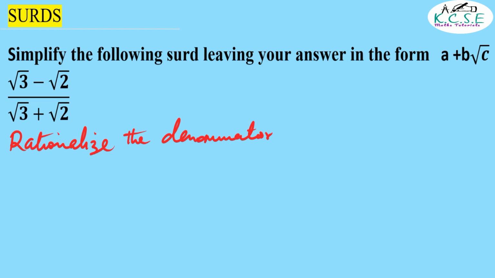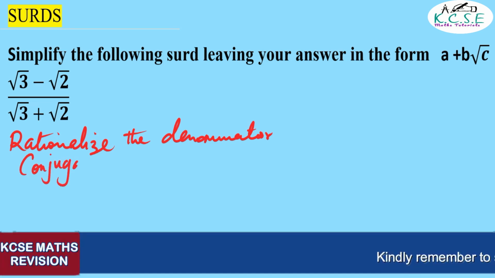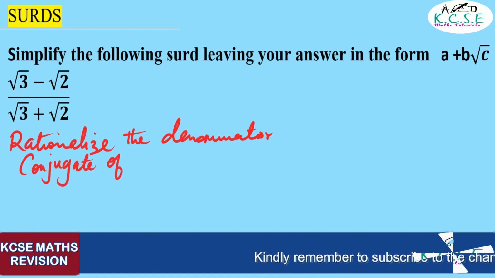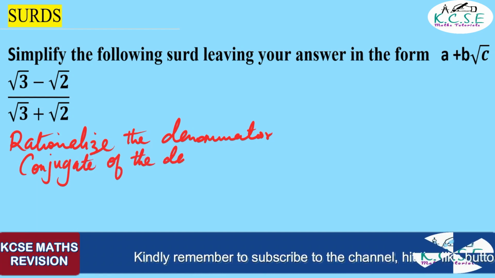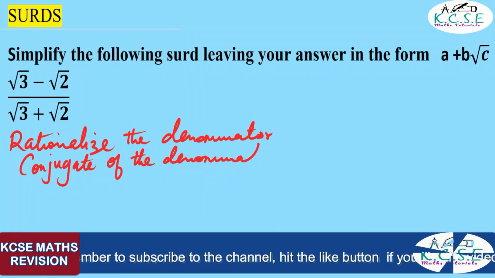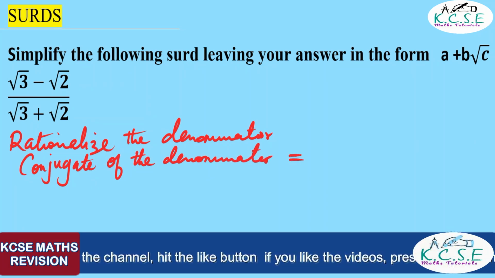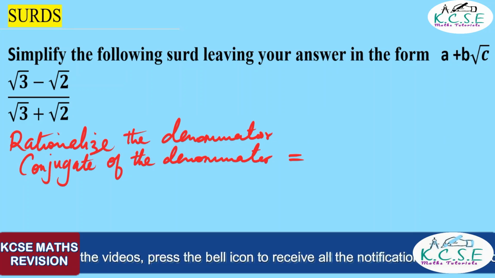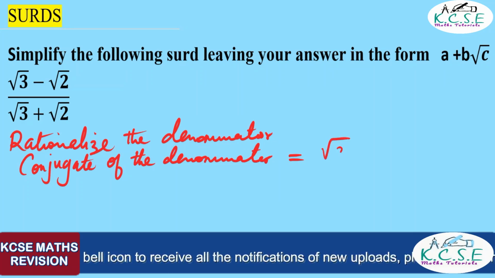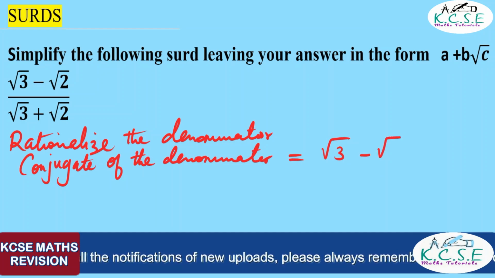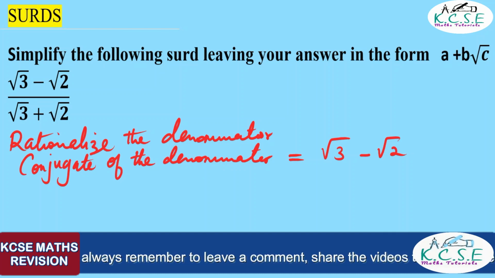So in this case, we'll need to identify the conjugate of the denominator, which is the denominator itself, root 3 plus root 2. Therefore, its conjugate will be root 3 minus root 2. So we'll multiply both the numerator and the denominator by this conjugate.